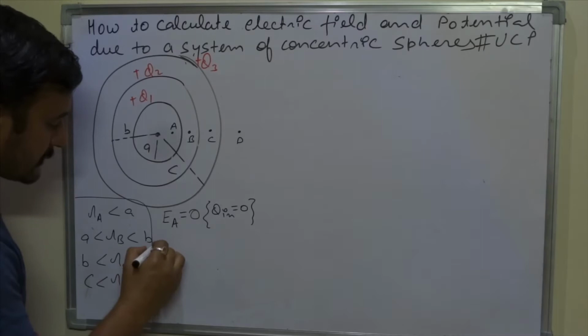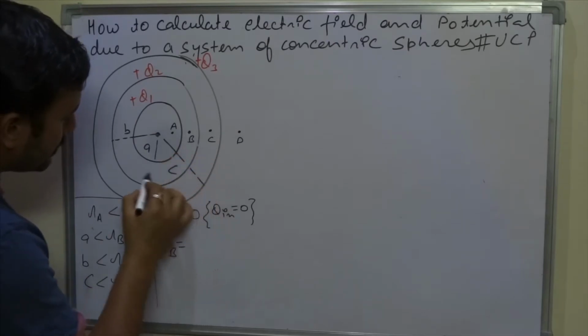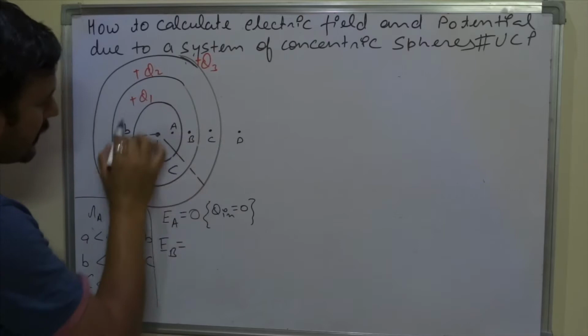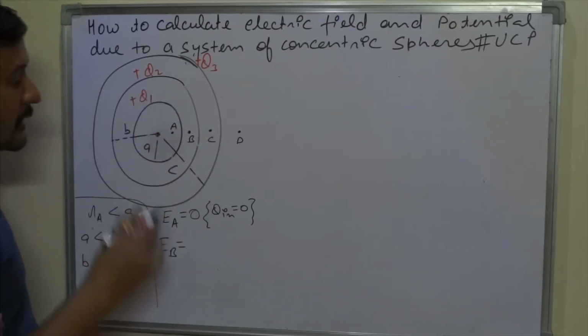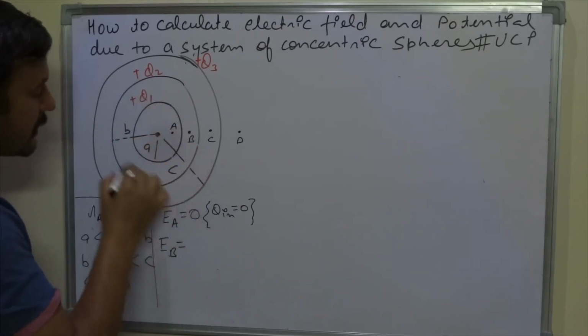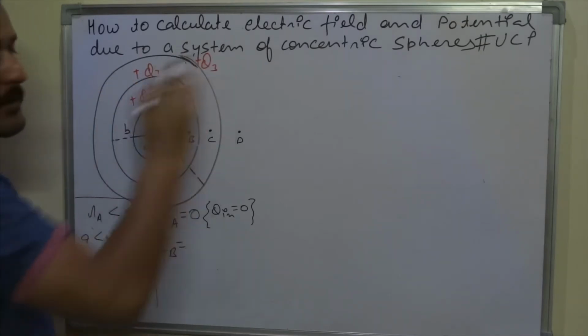For point B, if we assume a sphere whose radius is RB and which contains the point B on its surface, then the charge residing inside that sphere is Q1 only. Q2 and Q3 are outside that sphere.